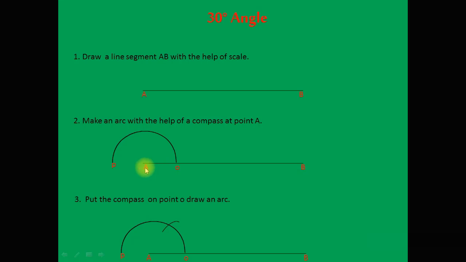If you want to construct the angle of 60 or 30 or any angle at point A, then put the compass at point A, and if you want to construct the angle at point B, then put the compass at point B. So before constructing an angle, first of all open the compass about some radius, and then put the compass at this point and draw this large arc.